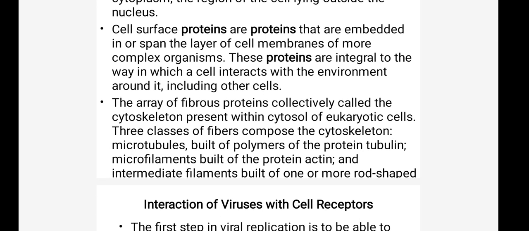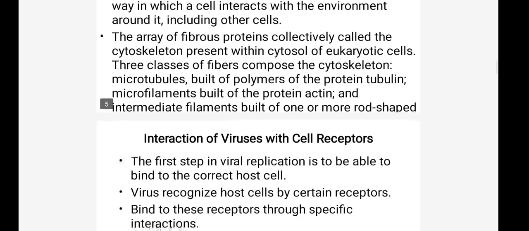Again, there is an array of fibrous proteins called the cytoskeleton. It is also present within the cytosol of eukaryotic cells, that is the microtubules, microfilaments and intermediate filaments, a web of elements through which there is movement of all particles within the cytosol of eukaryotic cells.